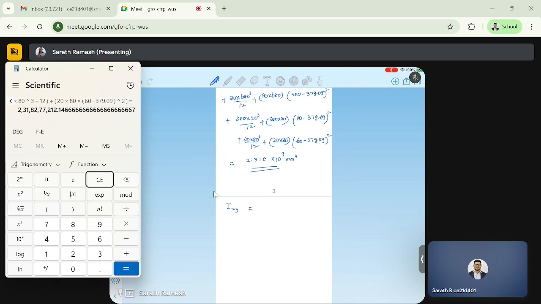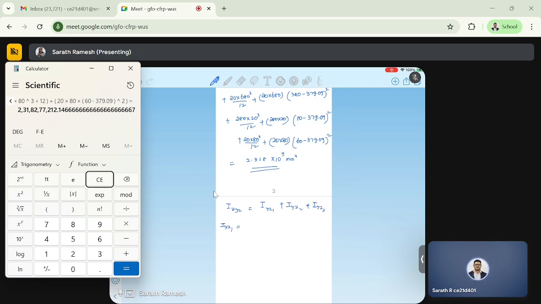IZY is equal to, the same way, IYZ1 plus IYZ2 plus IYZ3. Now what is IYZ1?